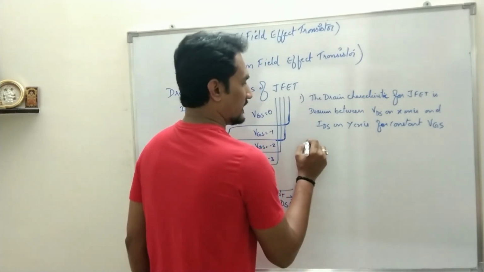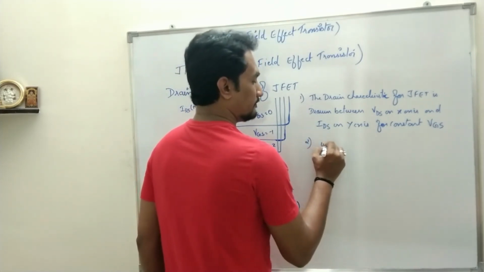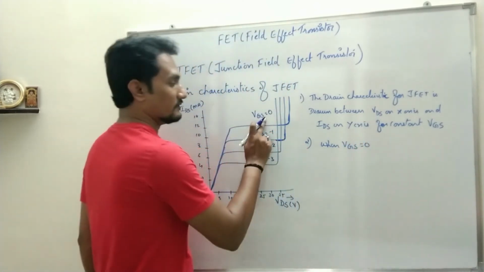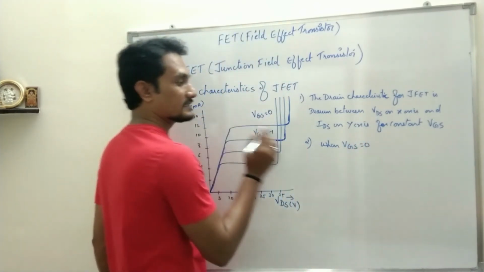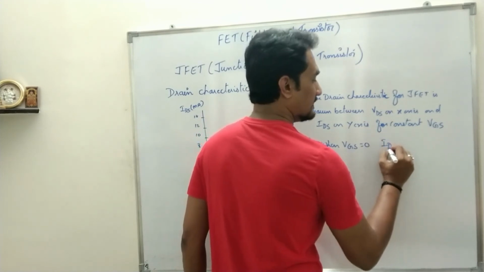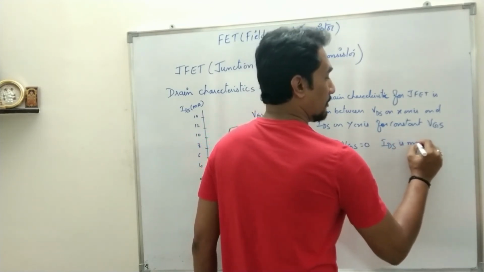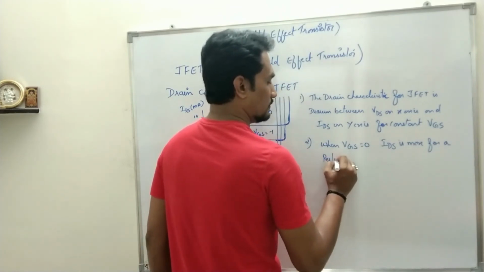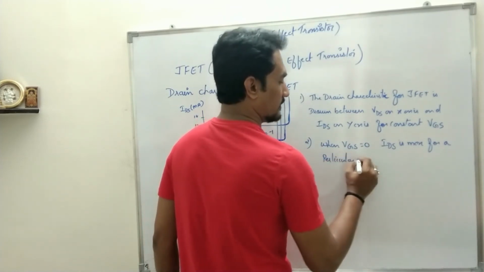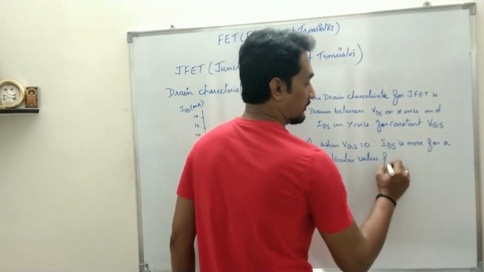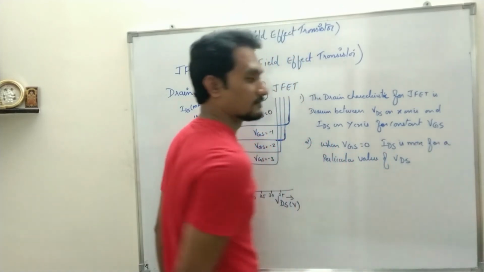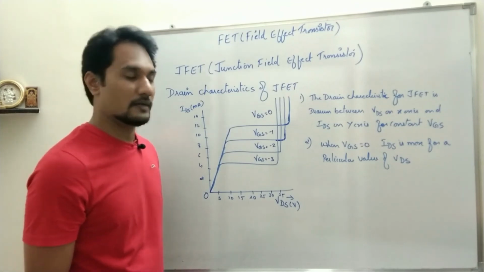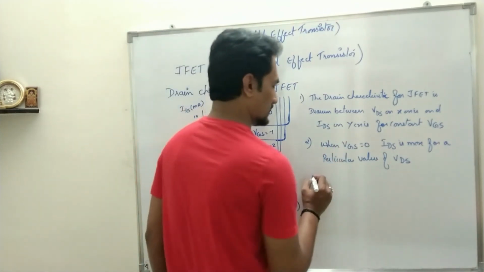Second, when VGS is equal to 0, IDS is maximum for a particular value of VDS, because the channel width is maximum at this point when VGS is equal to 0.